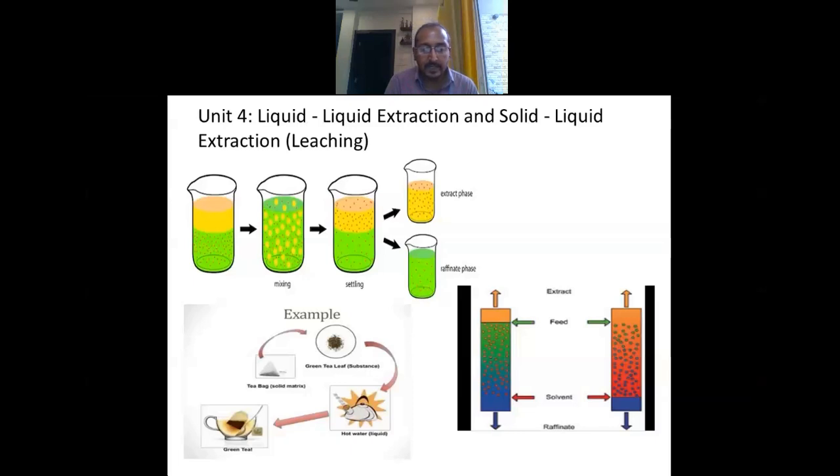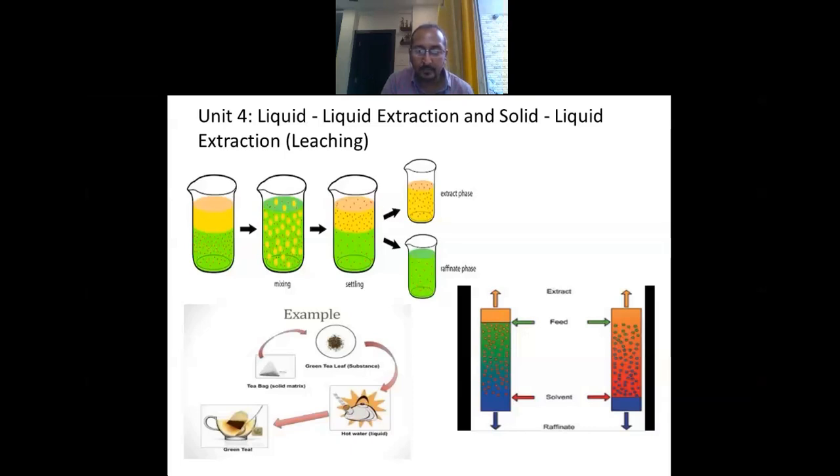Another example is extraction of edible oils or essential oils by using a liquid solvent. For edible oil extraction, we use light hydrocarbons like hexane. We extract edible oil from raw material like groundnut, cotton seed, or sunflower, using hexane as a solvent.